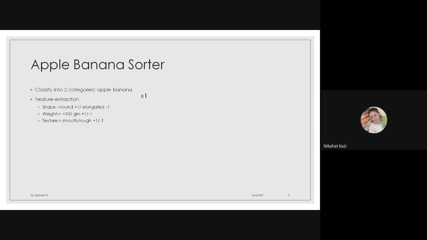The features we look at are shape, weight, and texture. Shape can be round or elongated, and we are considering two types of fruits only. If it is round, then the shape input will be 1, otherwise it will be -1.